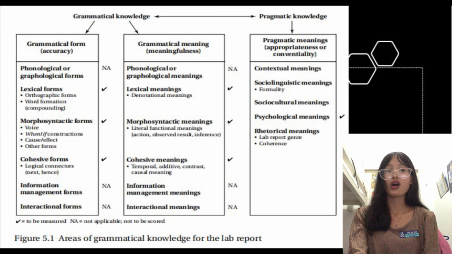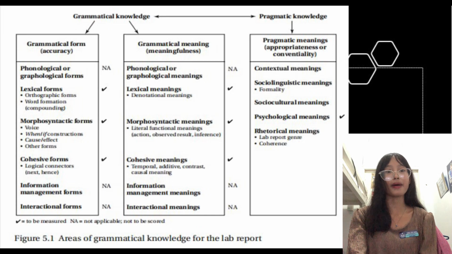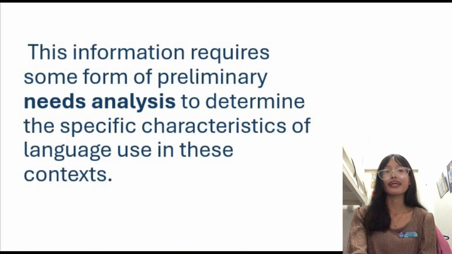Defining what constitutes grammatical ability for a test is straightforward when teaching materials like textbooks or syllabi clearly define grammatical constructs. However, in less structured language use contexts like social studies class or children at play or hospital settings, defining grammatical ability becomes more complex and needs analysis to identify the specific grammatical features needed for effective communication in those contexts.